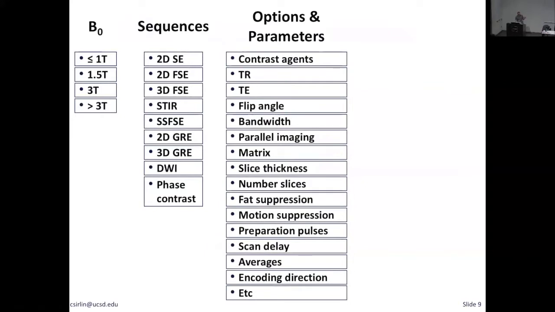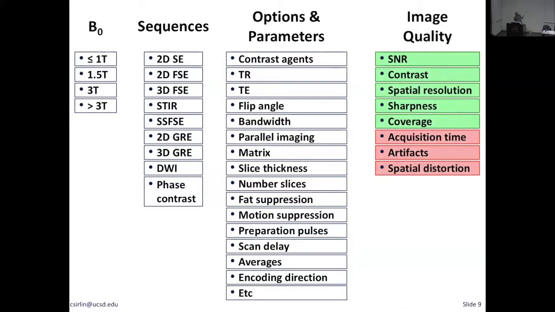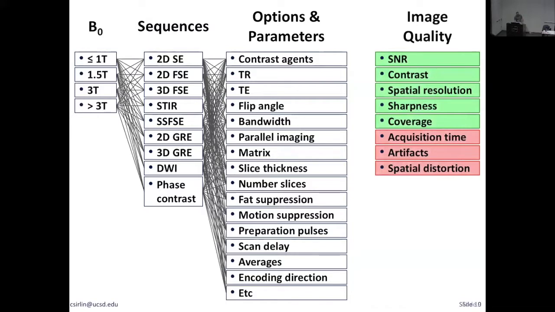We have multiple different options and parameters. And this combination of field strength, sequences, options, and parameters is what translates into image quality, which has good aspects such as signal to noise ratio, contrast, spatial resolution, and some negative things such as acquisition time, artifacts, and spatial distortion. And this gets very, very complicated.